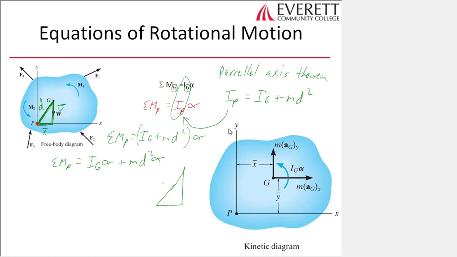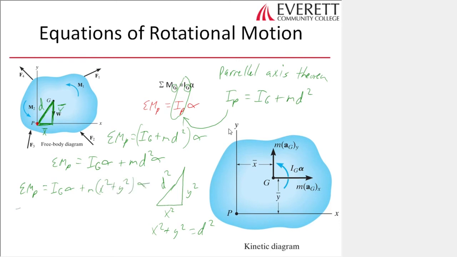If I have this triangle, I've got my d squared, my x squared, and my y squared. And I can say that x squared plus y squared equals d squared, and plug that in. So the sum of the moments about P is equal to I_G alpha plus m times (x squared plus y squared) alpha.